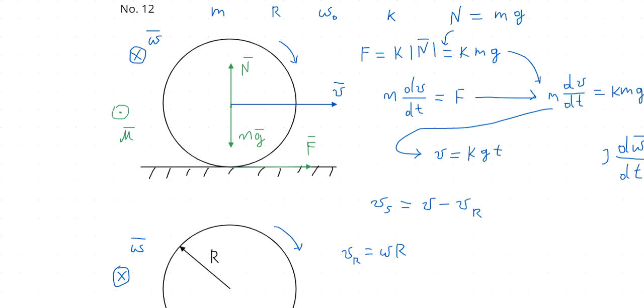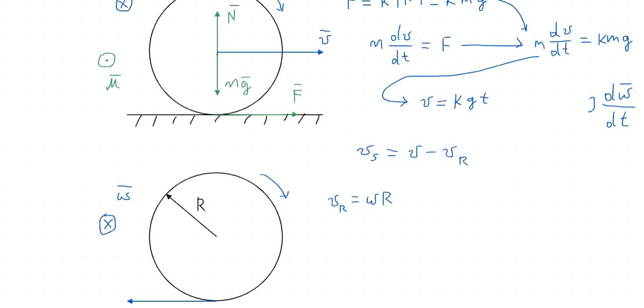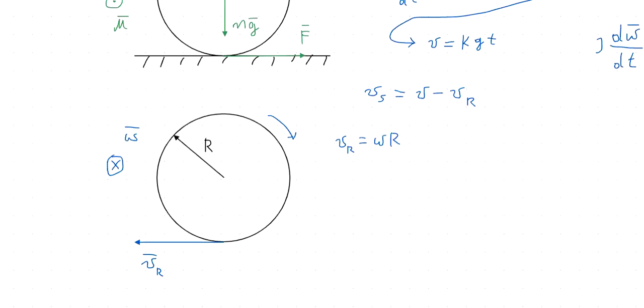So the directions of angular velocity omega and the moment of force of friction are different.